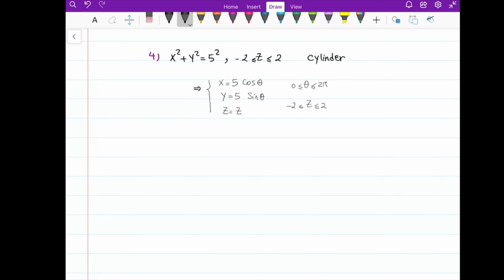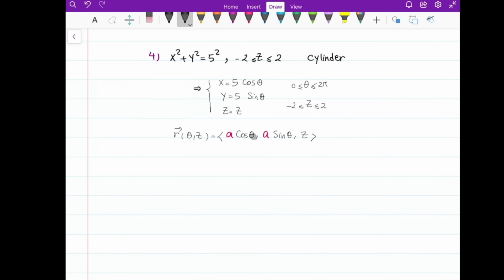So for the general cylinder, the parameterization that I'm going to use would be this: a cosine theta, and then a sine theta, and then z would be my second parameter.